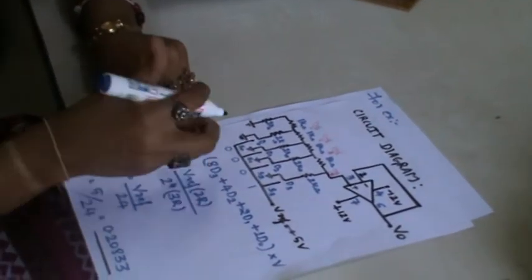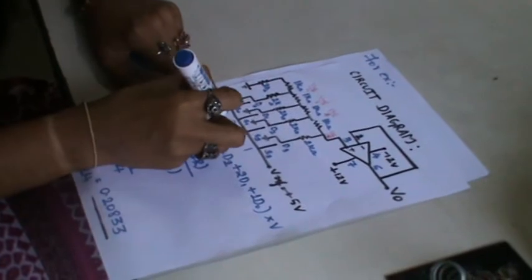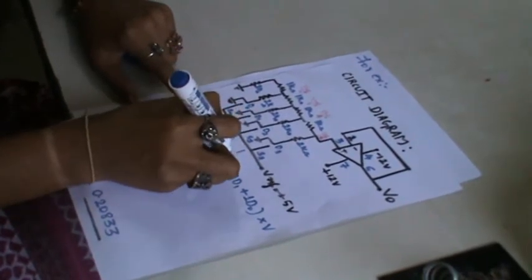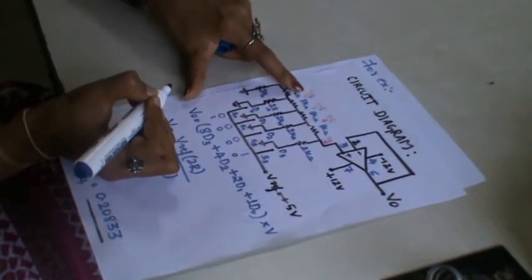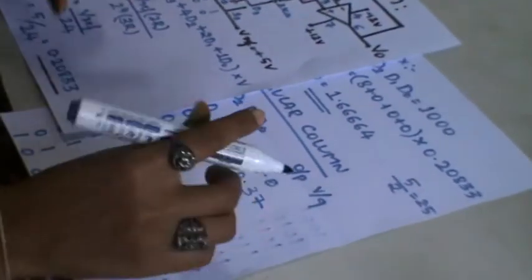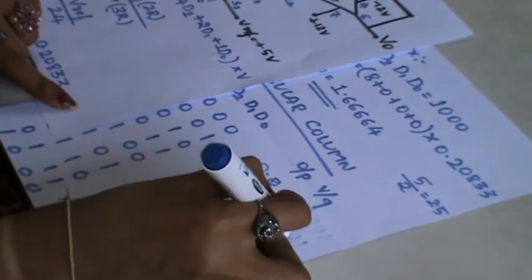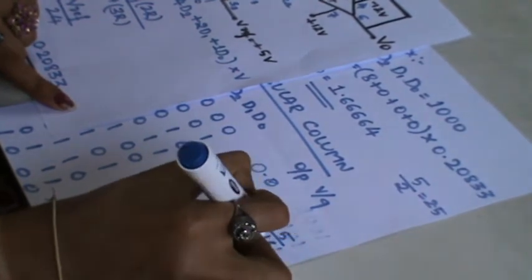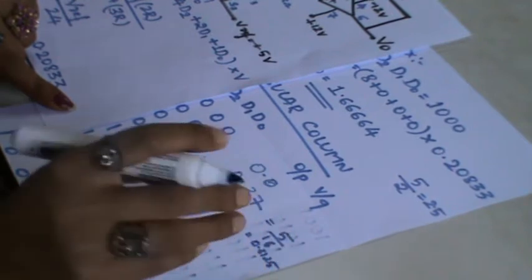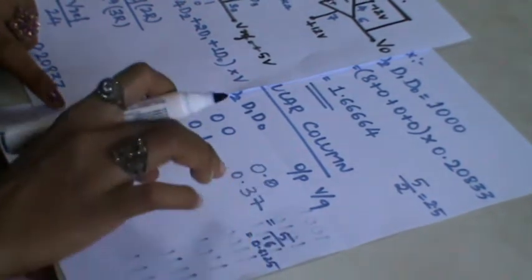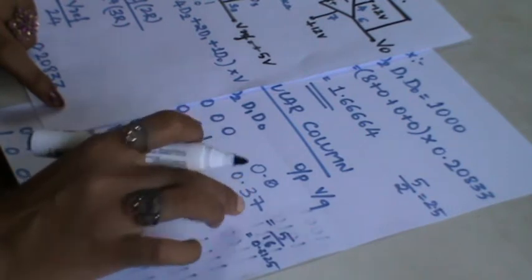Here the LSB bit is 1, and the rest of the bits are 0. So I have the voltage as V reference by 16, that is 5 by 16, which is around 0.3125. This is the calculated value and that is the practical value we are getting. Almost it is very near.